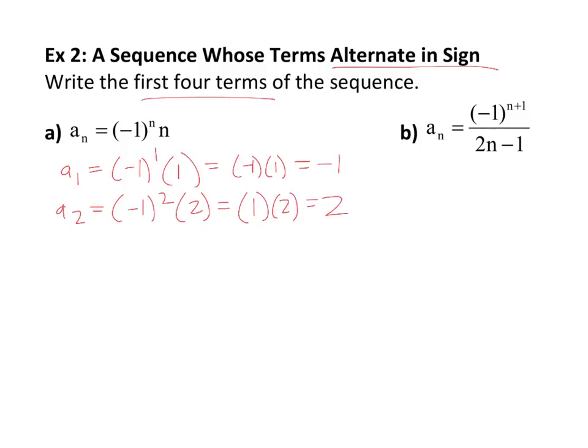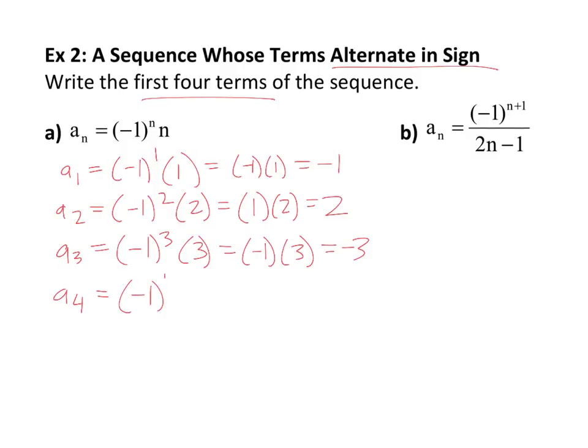That gives us 2. Then I have a sub 3 is equal to negative 1 to the third power times 3, which is equal to negative 1 times 3, which is negative 3. Then I have a sub 4, which is equal to negative 1 to the fourth power times 4, which is equal to 1 times 4, which is equal to 4.